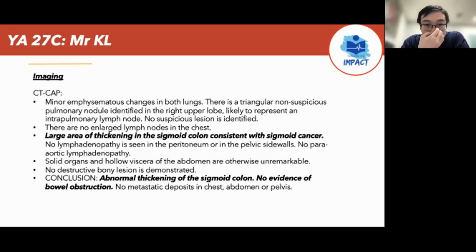But anyway, on admission we ordered a CT chest, abdo, pelvis. And this patient presented with left lower quadrant abdominal pain. Why would we include a CT chest on the request?